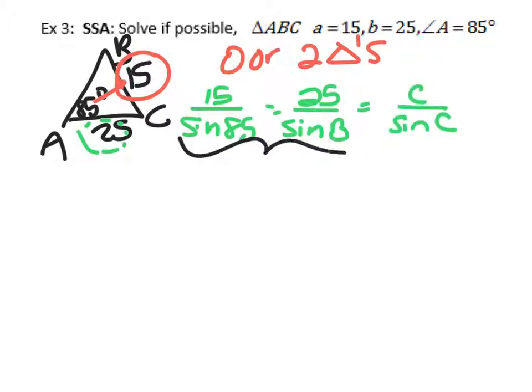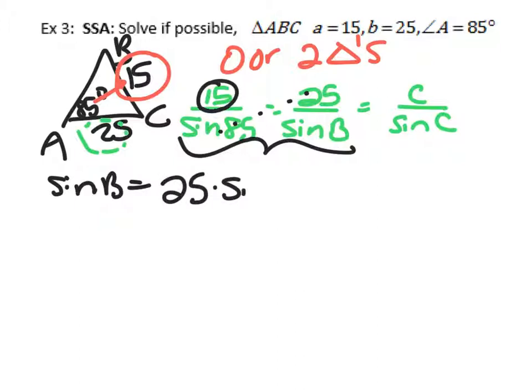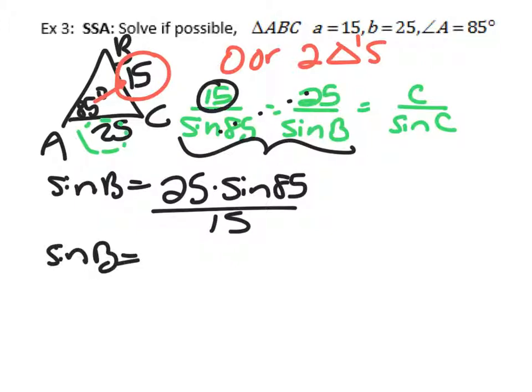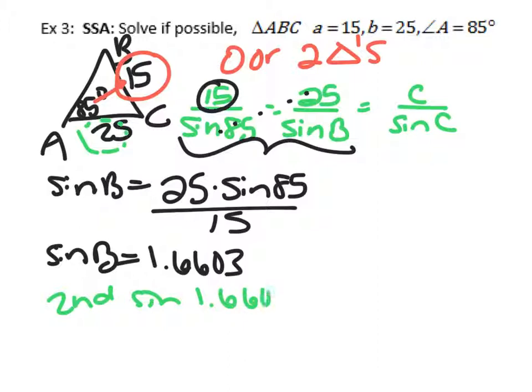So then I've got sine of B equals, cross multiply and divide. That's going to give me sine of B equals 1.6603. And if you did second sine of 1.6603 in your calculator, you're going to get an error.